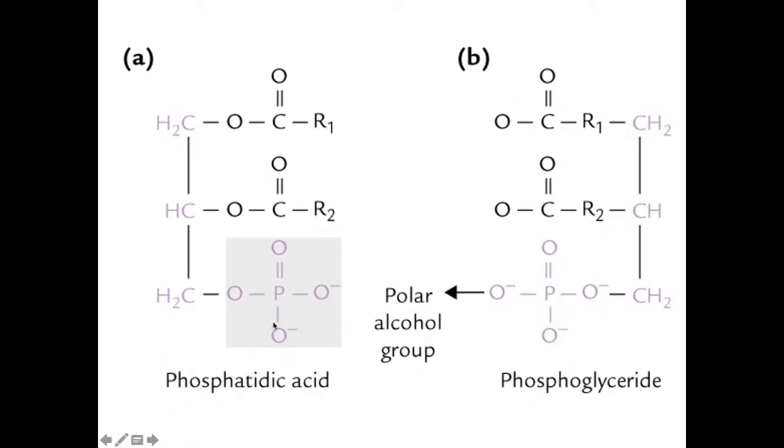So this is phosphatidic acid. On the third carbon, the phosphate group is attached, and the alkyl side chains are R1 and R2 outside the fatty acid. But if R1 and R2 are present with the carboxyl group of the fatty acids, then it becomes a phosphoglyceride, right?